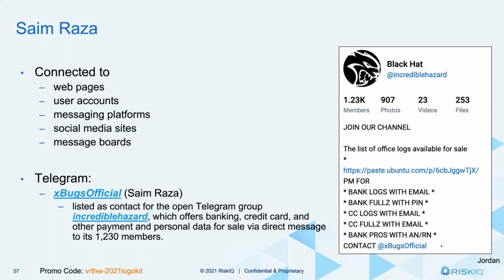There's a message in that open group that directly connects xbugs to Saeem Raza. You can see here they're selling banking logs, full Z, which is a slang term for everything you need, all the payment information for the person. So like their shipping address, name, birth date, social security number, credit card data.